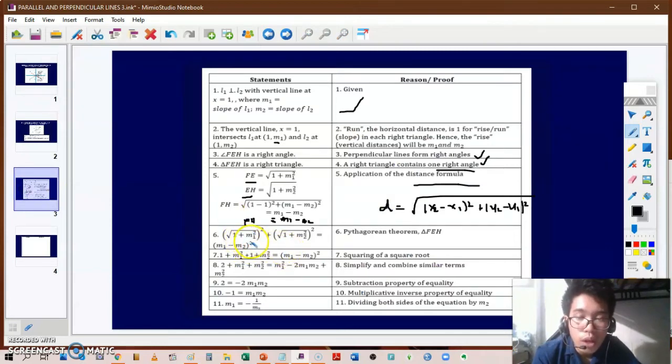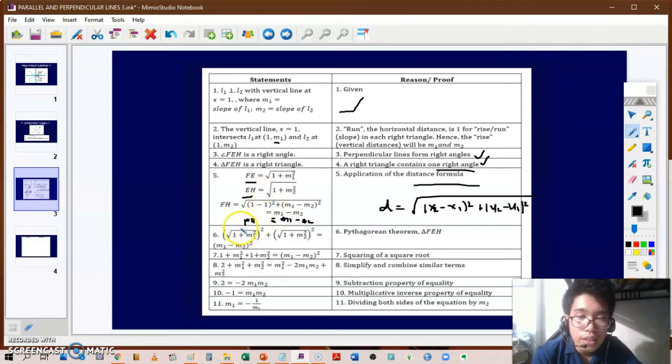So that's going to be the square root of 1 plus m sub 1 squared, quantity squared, plus the square root of 1 plus m sub 2 squared, quantity squared, is equal to m sub 1 minus m sub 2, squared.